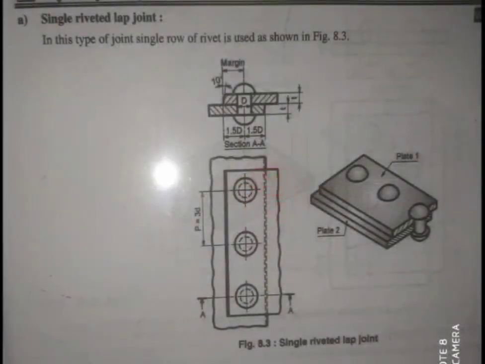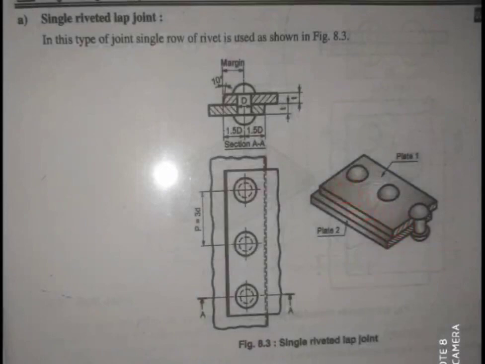Now here is the front view of the same plates. This is the bottom plate and this is the top plate. The thickness of the plate is T. Beveled means some inclination with respect to 90 degrees, and that part is removed here.